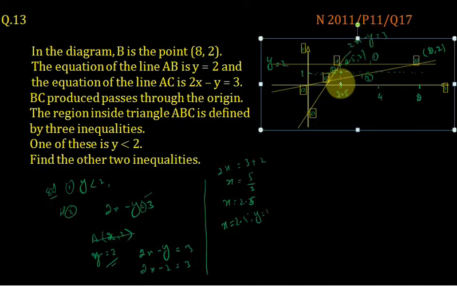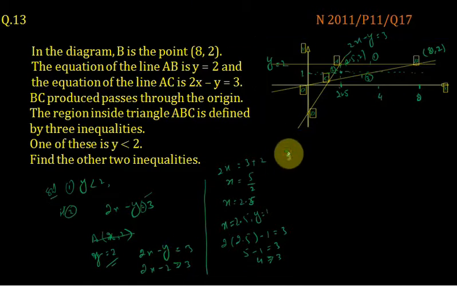When we put this value here, the expression 2x minus y becomes 2 times 2.5, which is 5, minus 1, is equal to 4. And 4 is greater than 3. So, the region on this side of the line must be 2x minus y is greater than 3.